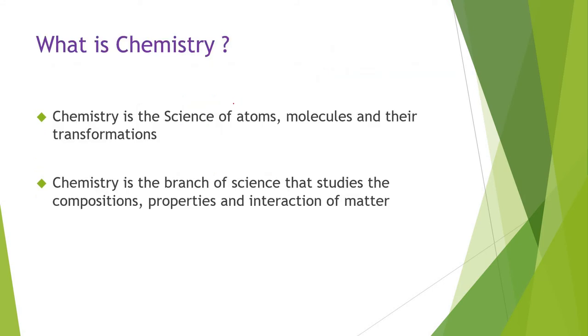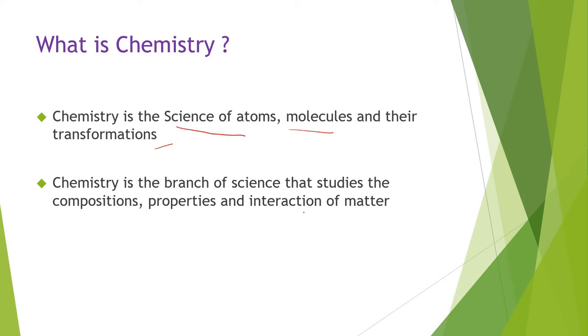Next, let me give some introduction about chemistry and basics. What is chemistry? Chemistry is a science of atoms, molecules, and their transformation. How the atoms are transformed into molecules, into some other molecules, how this happens, that is called chemistry.